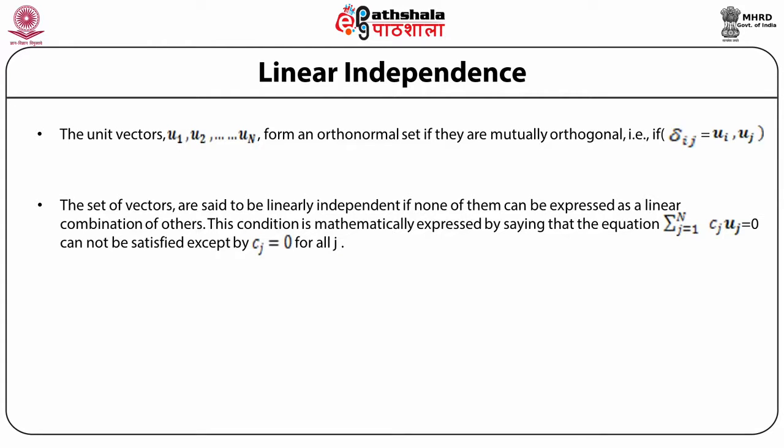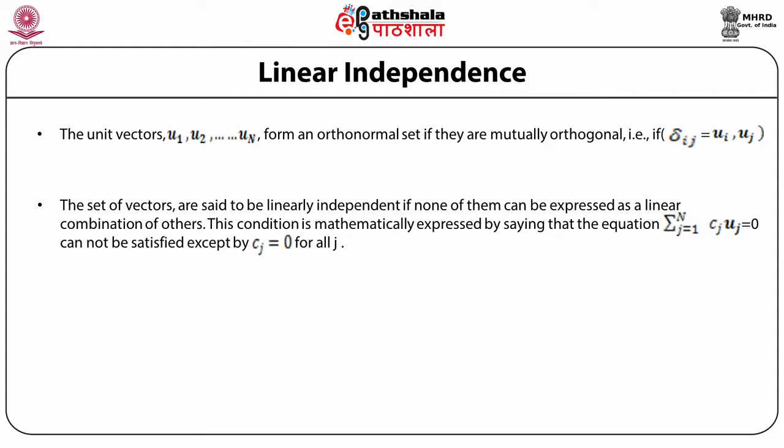This condition is mathematically expressed by saying that the equation summation j going from 1 to n Cj Uj is equal to 0 cannot be satisfied except when Cj goes to 0 for all j. Here Uj is the unit vector and Cj is some coefficient.